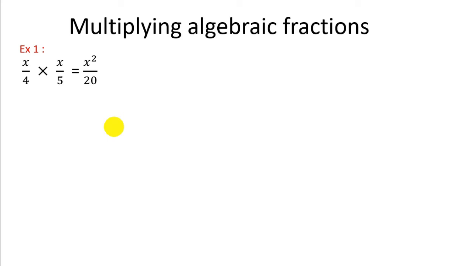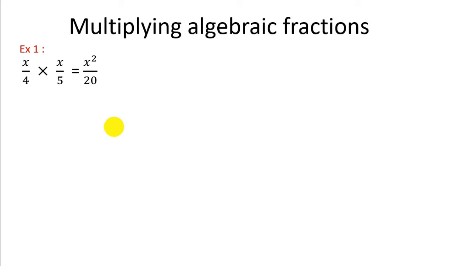In multiplying and dividing algebraic fractions, one of the greatest advantages is you don't need to find the LCM here, because LCM is applicable only for adding and subtracting fractions, whether normal fractions or algebraic fractions.